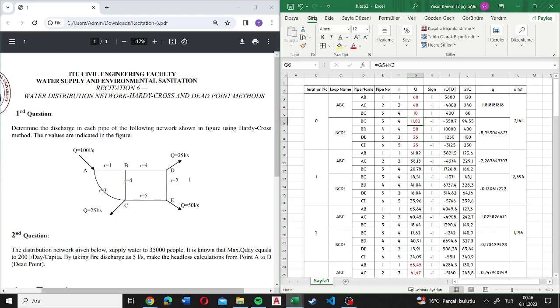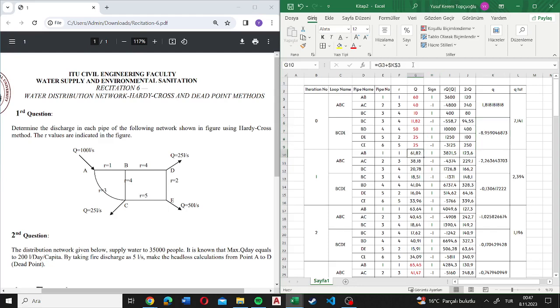So BC is 10 for the first loop, and for the second loop BC is not 10, it is 10 plus the Q value, because the sign is plus. The other values are the same as our assumption. After the same calculations, we found the Q value. This Q value is really big, so it means we have to make some iterations.